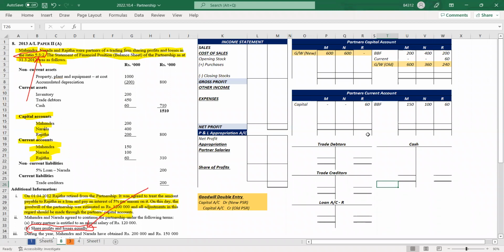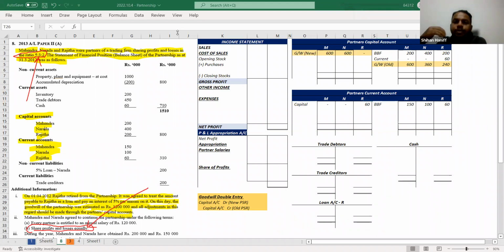Then what we have to do is the retirement. R is retired. So retirement steps. I'll repeat the retirement steps. First, the current account balances should be transferred to the capital account. Then the capital account balances will be transferred to the loan account. Now, if you take R, he has a credit balance. So the total credit balance is 500.